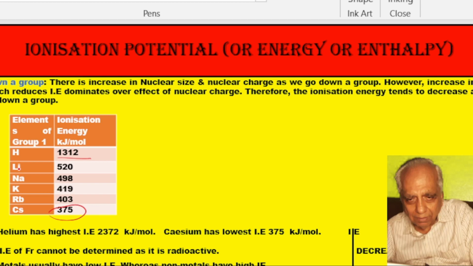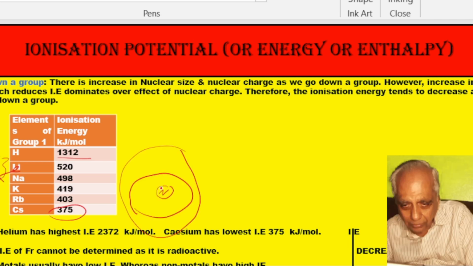In the case of cesium, it has a very big size, so the outermost electron is very far away. If this is the nucleus, in one case the electron is here and in the other case it is here. Now this distance is more, so here the attractive force would be less compared to the attractive force there.